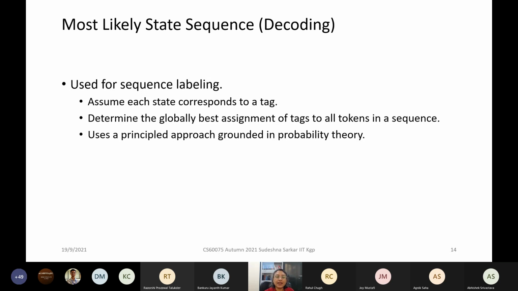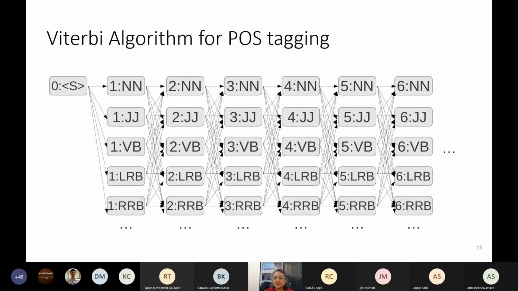So we assume that each state has a tag and we want to find the globally best assignment of the tag sequence. For this, we use an approach like this. Again, I have talked about it at a high level, but if you wish, we can discuss it in more detail.